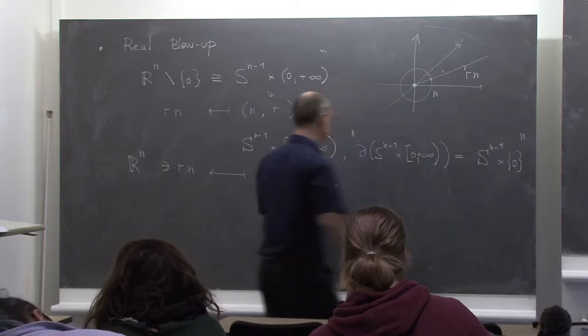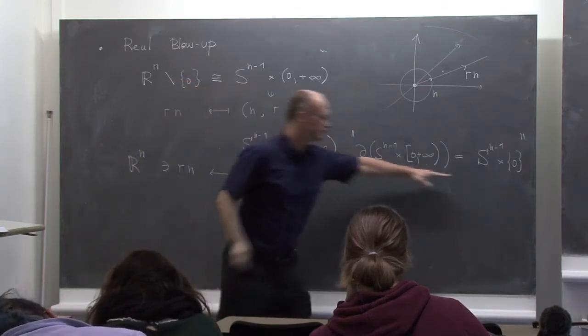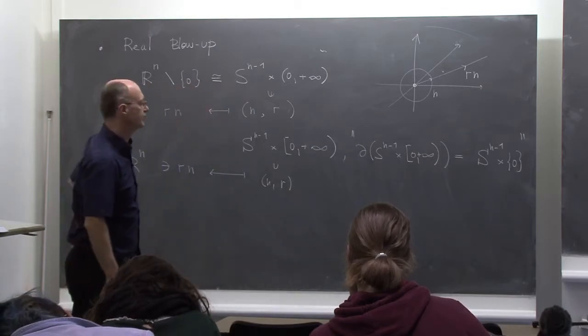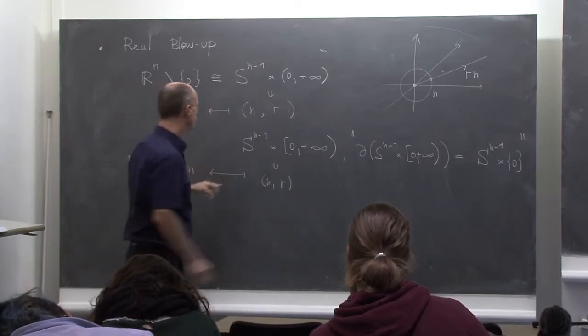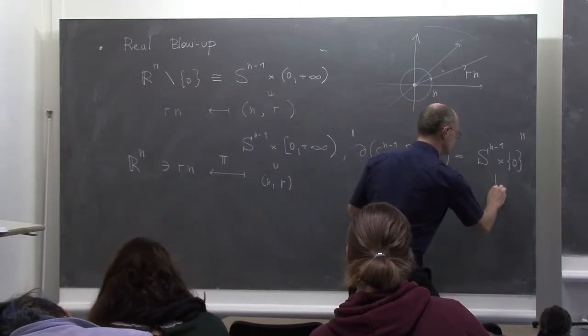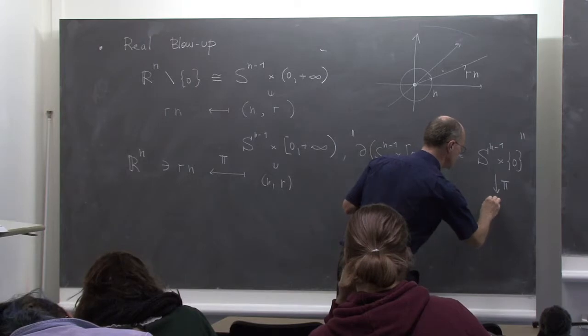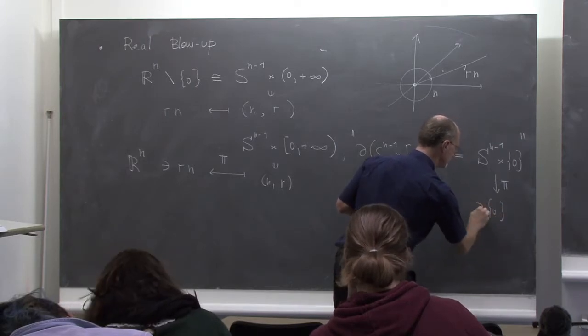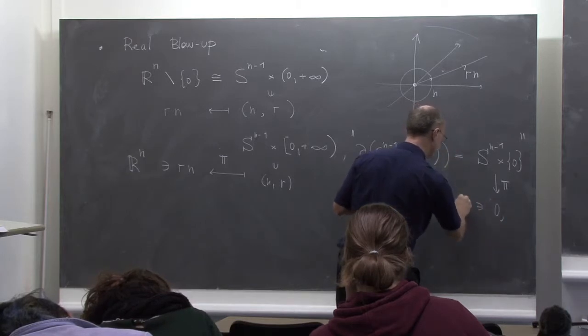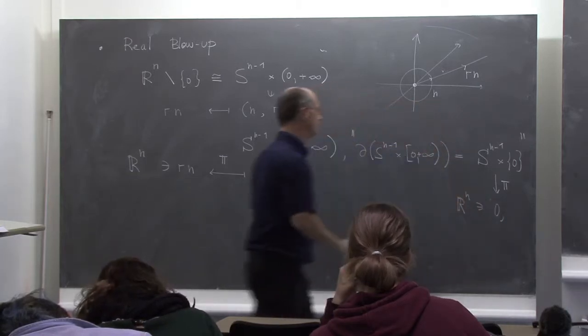So the boundary at finite distance of this space, this will be simply S^(n-1) times 0. And this whole boundary, let me call this map pi. This boundary is mapped to the origin in Rn.